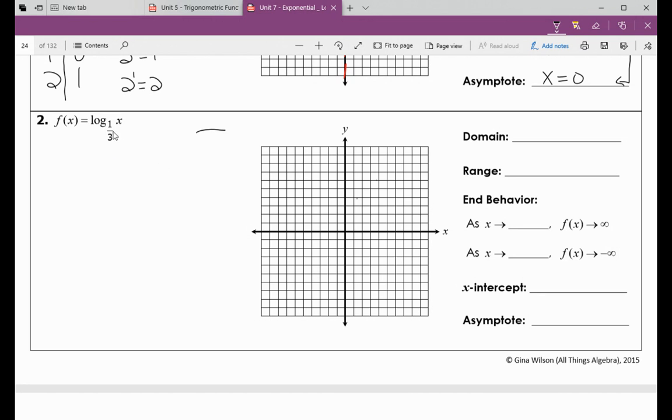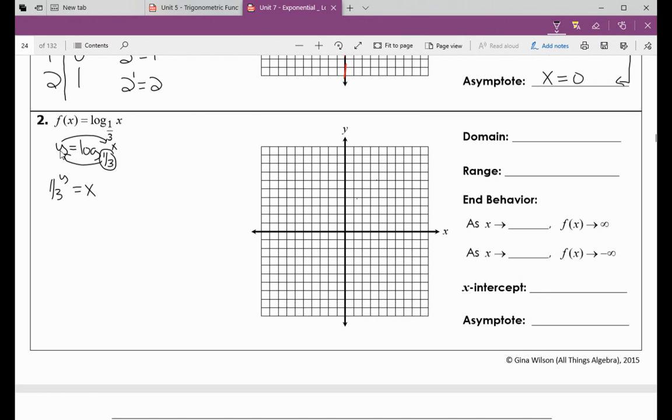All right. I first need to rewrite this as y equals log base 1/3 of x. Then I'm going to take my base, 1/3, raise it to the y power, and set it equal to x. So I'm rewriting this in exponential form.